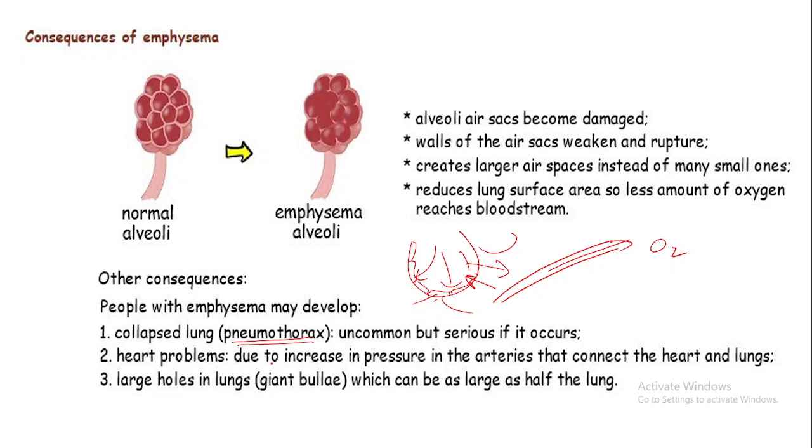Heart problems due to increase in the pressure in the arteries that connect the heart and lungs. Large holes in the lungs are called giant bullae, which can be as large as half the lung, as I just mentioned.